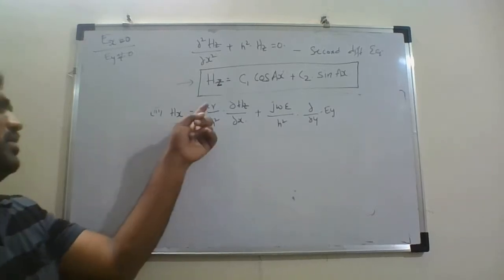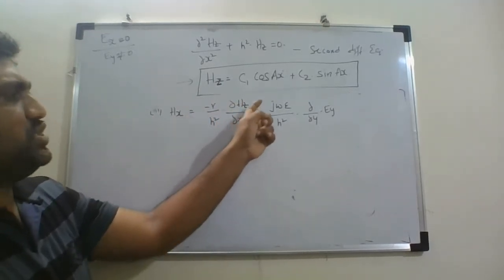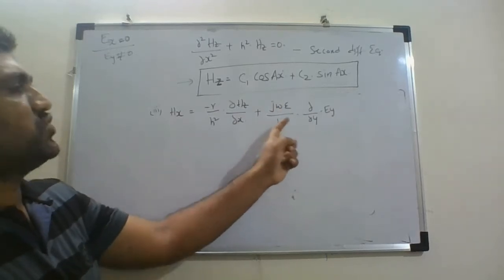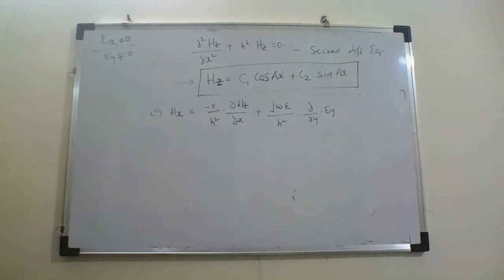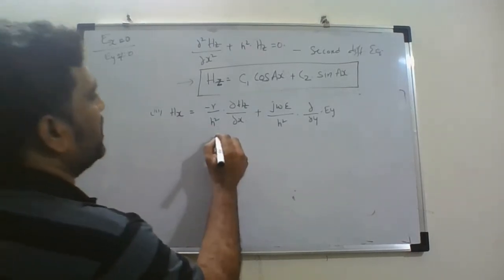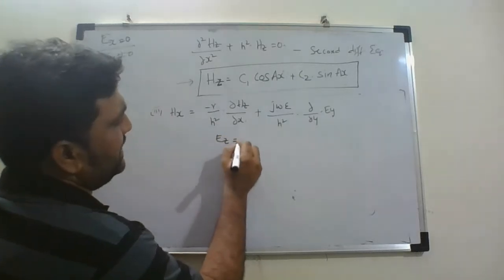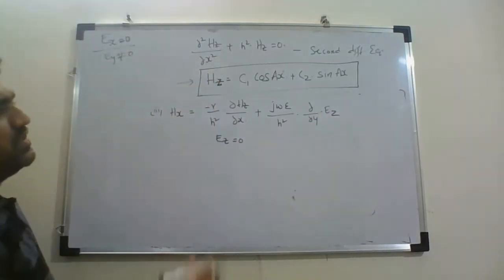So Hx is minus γ/h² into ∂Hz/∂x plus jωε/h² into ∂/∂y of Ez. Sorry, this is not Ey, this is Ez.